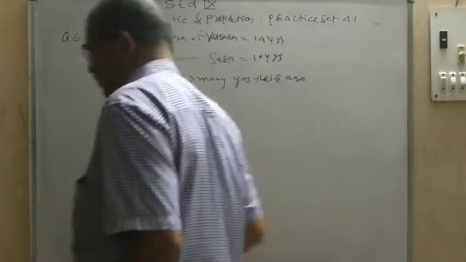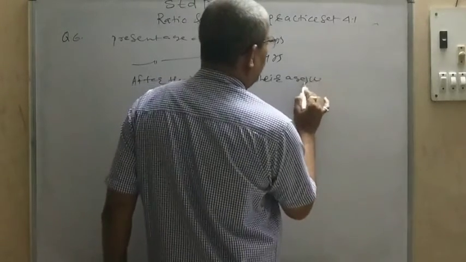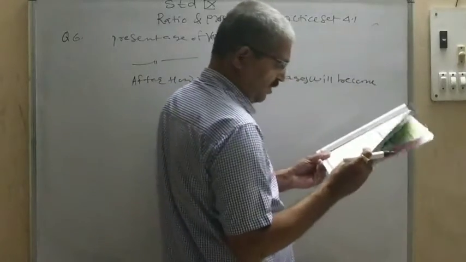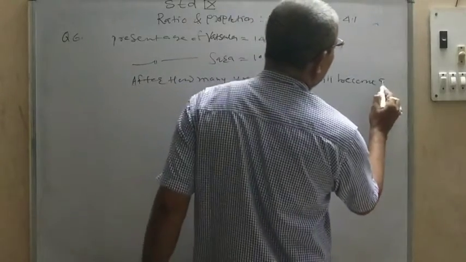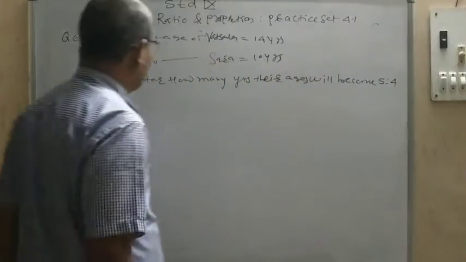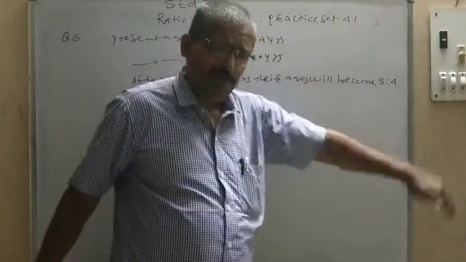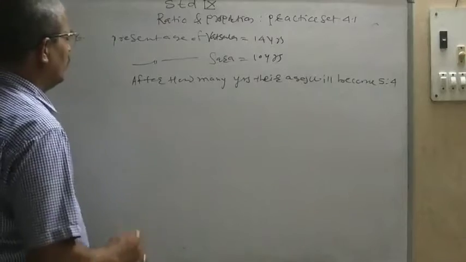Grammatically we should not miss, so I am cancelling it. Now the ratio will become 5/4. So after how many years is what we want to calculate.